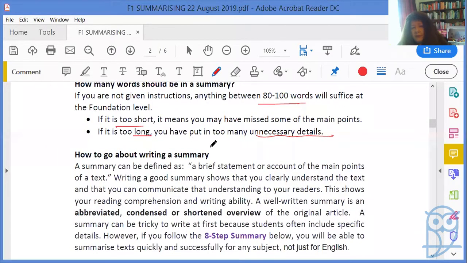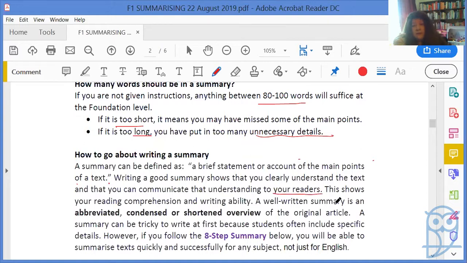Right, how do you go about writing a summary? A summary can be defined as a brief statement or account of the main points of a text. Writing a good summary shows that you clearly understand the text and that you can communicate that understanding to your reader.